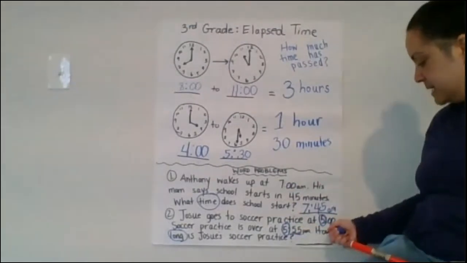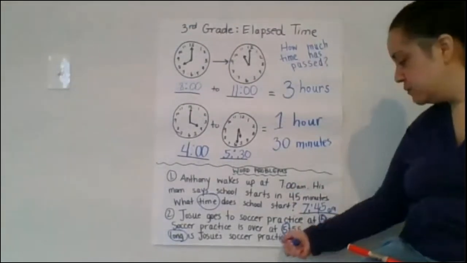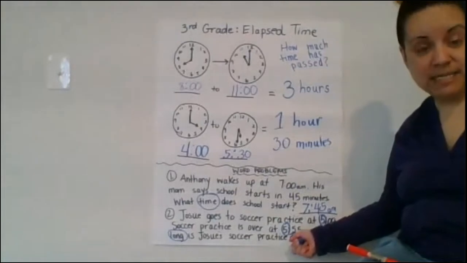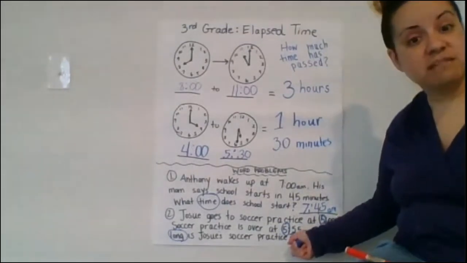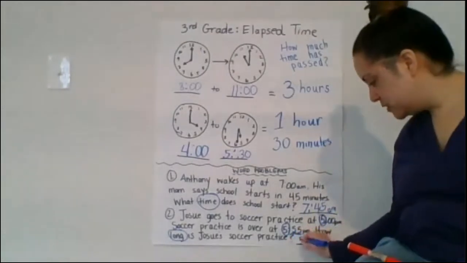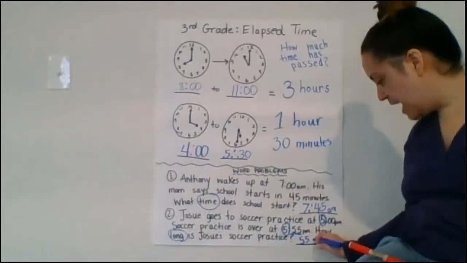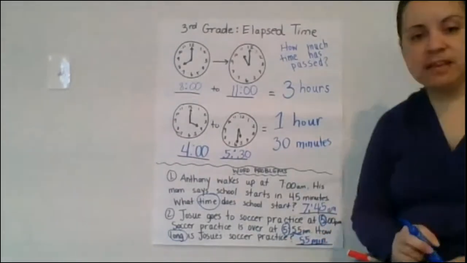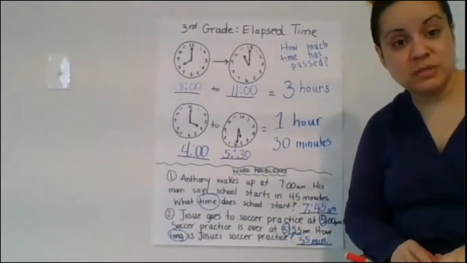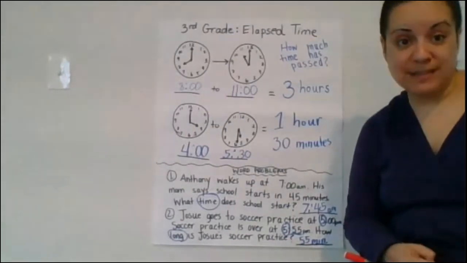I went from 0 minutes to 55 minutes. So how long was he at soccer practice? 55 minutes. So here I write 55 minutes. 55 minutes that Josue had soccer practice.